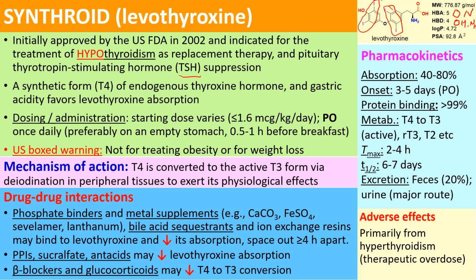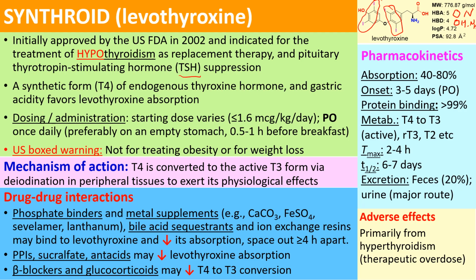Mechanistically, T4 is converted to the active T3 form by deiodination in peripheral tissues to exert its physiological effects. Pharmacokinetically, absorption ranges from 40 to 80%, onset 3 to 5 days, protein binding more than 99%.